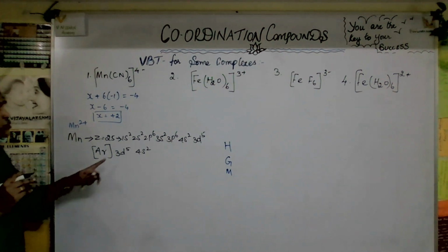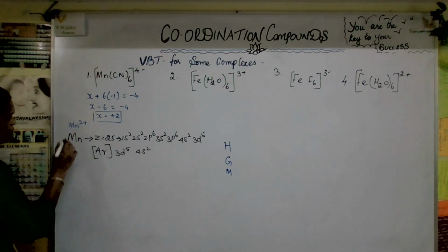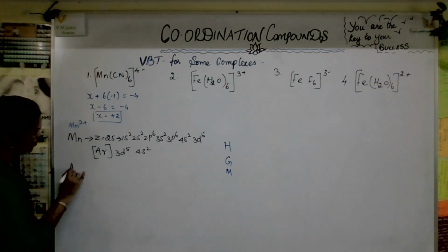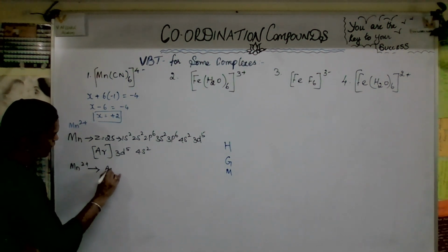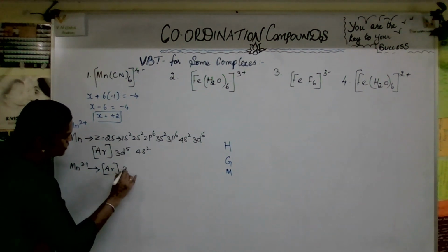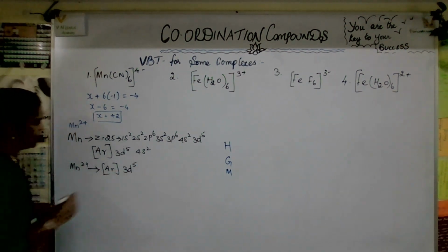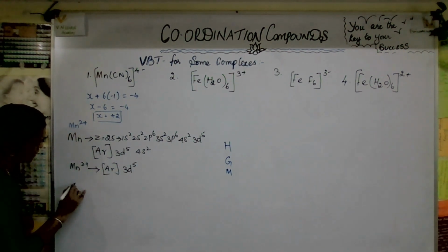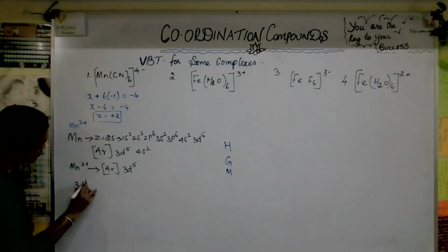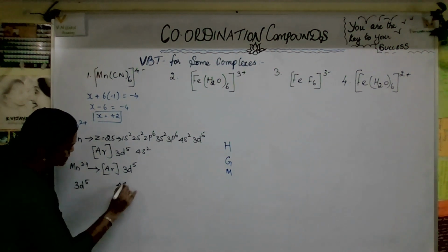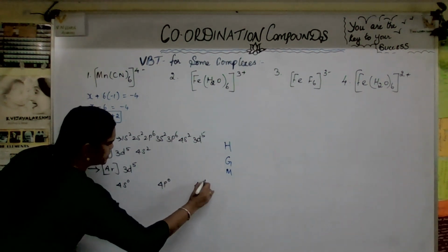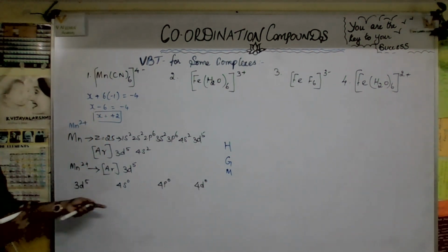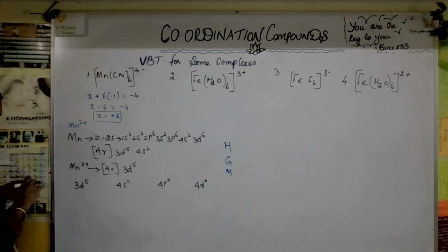Now you have to lose 2 electrons from the outermost orbital. So Mn2+ is [Ar] 3d5. We can draw the electronic configuration 3d5, 4s0, 4p0, 4d0. We have to prepare the empty orbitals to fill the ligands, right?